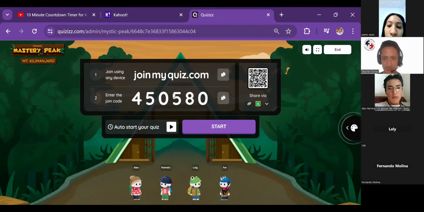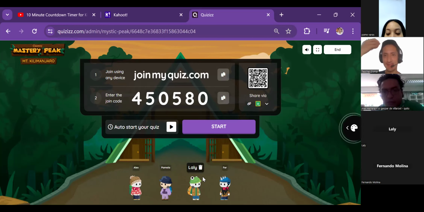Excellent. So I see you, Alex, Pamela, Lali, and Fer. Can you see your outfits? You are wearing the outfits to go to the mountains. So we can start, okay? Comenzamos. Perfect, Pamela. I like your outfit. Alex, nice. Lali, can you see your froggy hat? Tienes un sombrero de frog. No, ya le cambiaste. You changed.